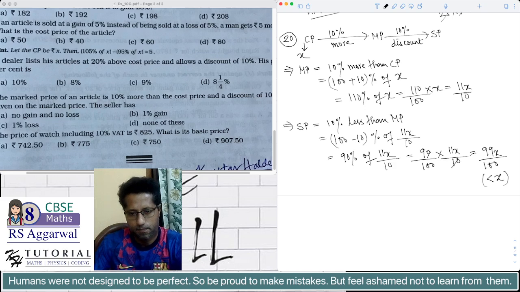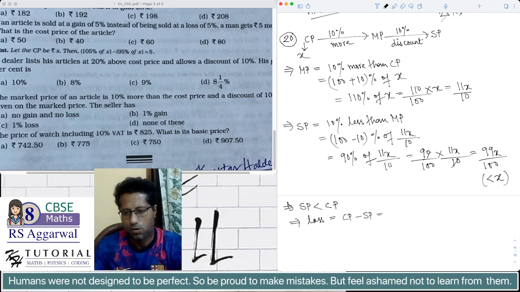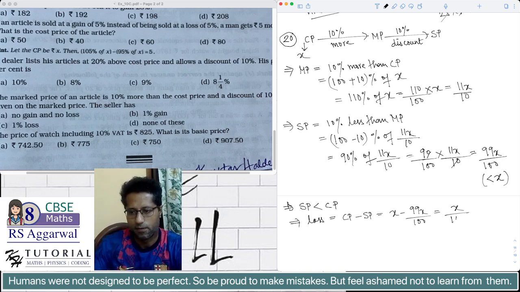So we can see that the selling price is less than the cost price. So this implies loss is equal to cost price minus selling price, which is x minus 99x by 100. This is equal to x by 100. So the loss is x by 100.